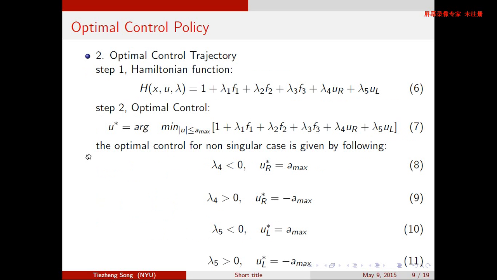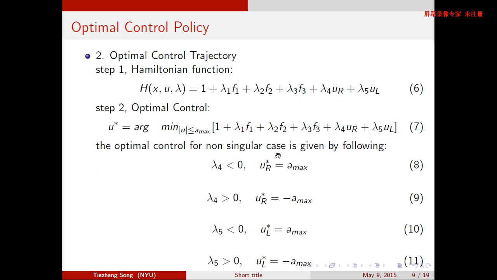To solve this problem, the minimum principle can be used. The first step is to write down the Hamiltonian function, which is given by the cost function and the dynamics of the system. The next step is to figure out the optimal control policies.